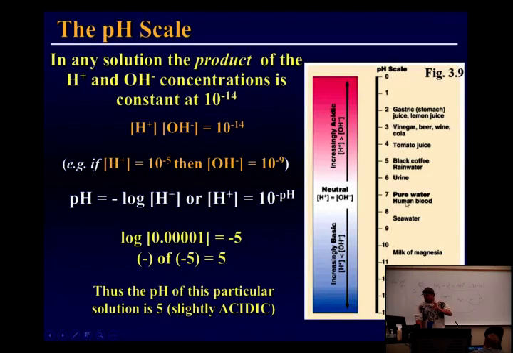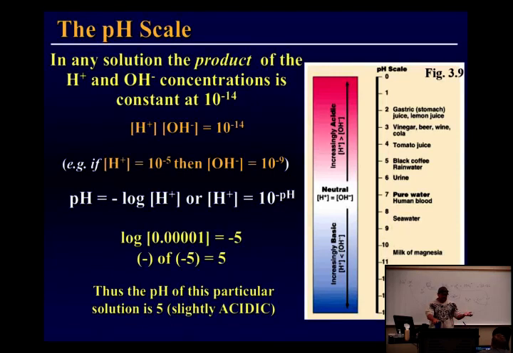What about between your blood and your stomach? How many more hydrogen ions? What's the difference between pH of 2 and pH of 7? 5, so that's 10 to the 5th. So that's a 1 with 5 zeros after it.